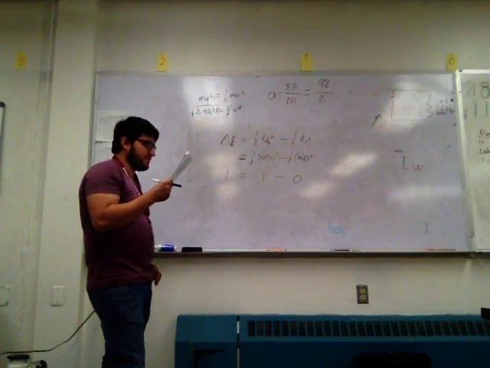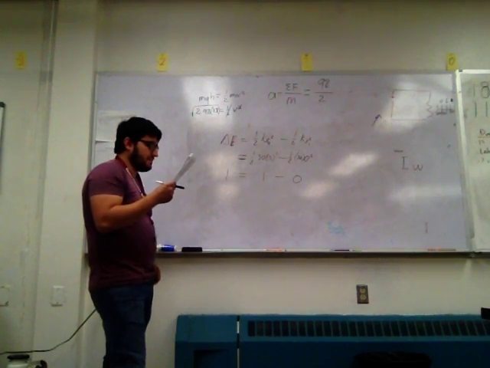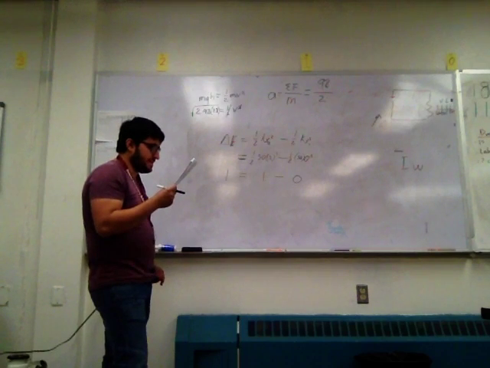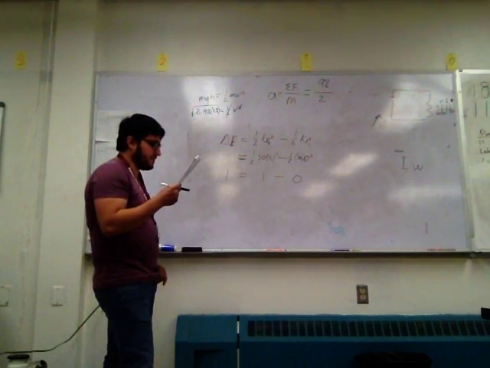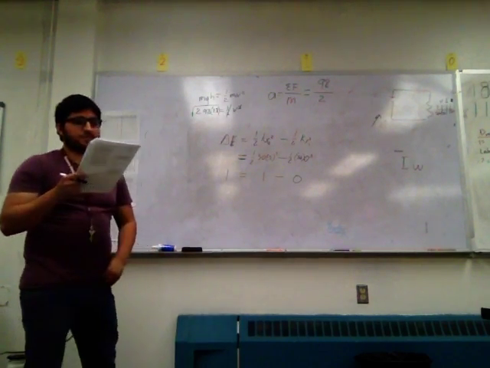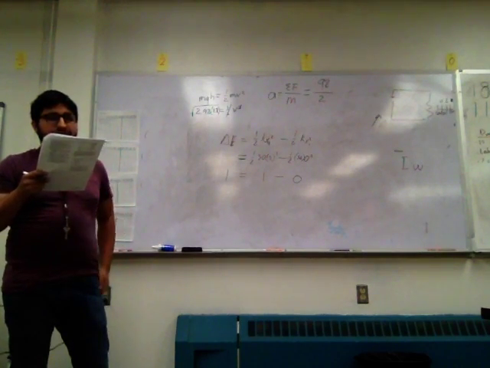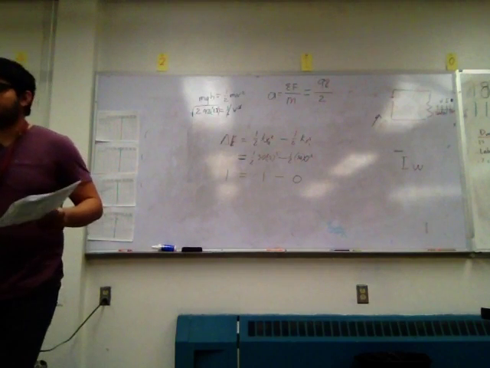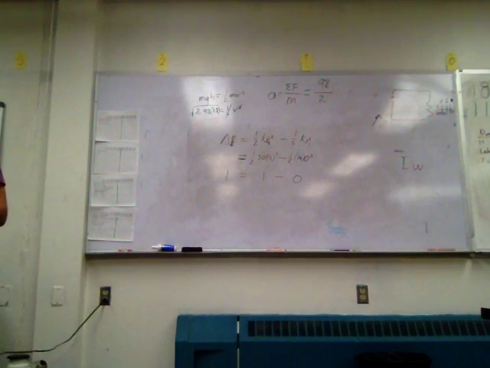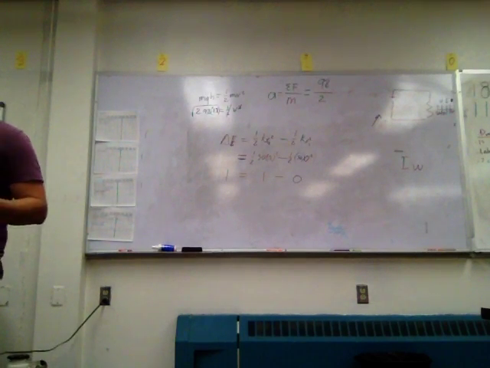Which of the following gives the magnitude of the force exerted by block A onto block B? Go ahead and try this one on your own. We're looking for the force of A onto B.